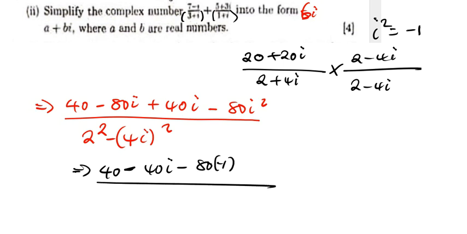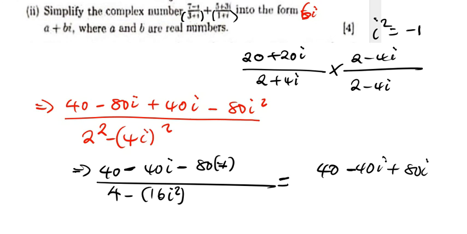Now here down it will be 4 minus 4 squared is 16 times i squared. But where there is i squared, this and this becomes positive, meaning it is now 40 minus 40i plus 80i, or 80 because the i has gone.